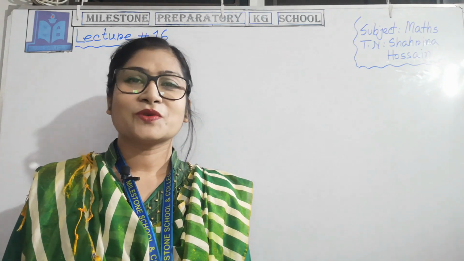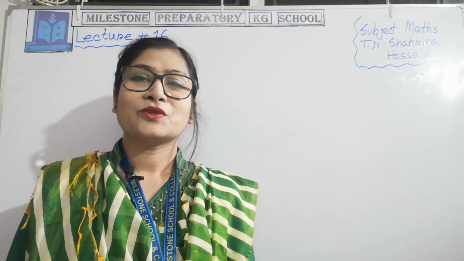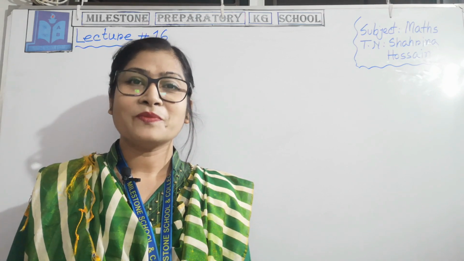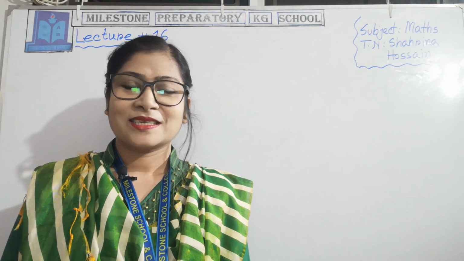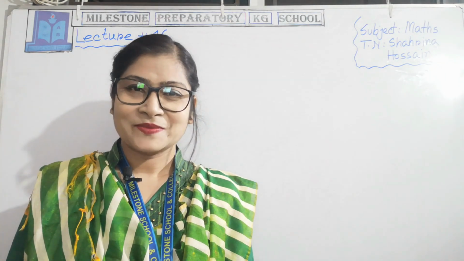Okay, let's come to the board. Before starting class, I want to show some review part from the previous lesson. Just hurriedly take your book and open your copy. Okay?